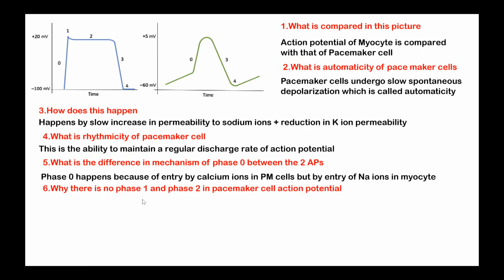Why is there no phase one or phase two in pacemaker cell? Unlike your myocyte, which has a phase one and phase two, which is a slight repolarization, then plateau. So what are the changes in ion entry or exit happening here, which is not happening here?